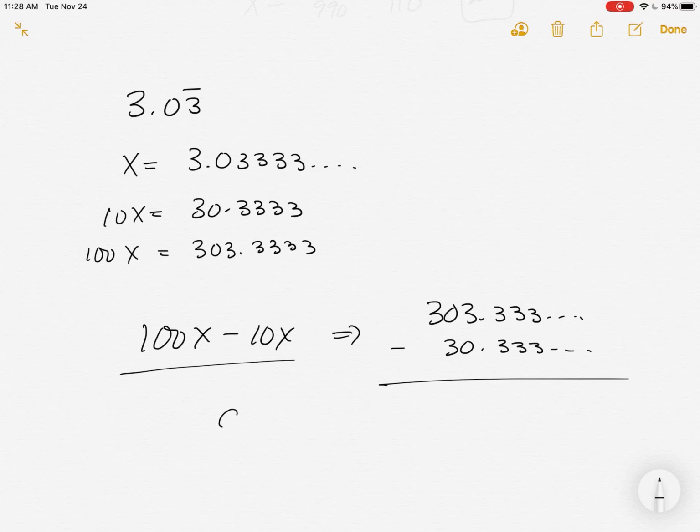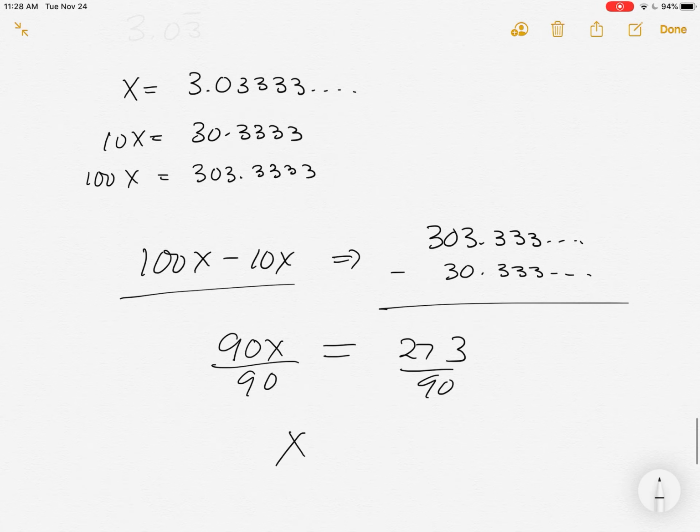Well, out of this side we get 90x. And out of this side, what do we get? If we take 3 minus 0 is 3, 30 minus 3 is 27. So we get 273 over 90. So we're going to divide by 90. And x is going to be 273 over 90.